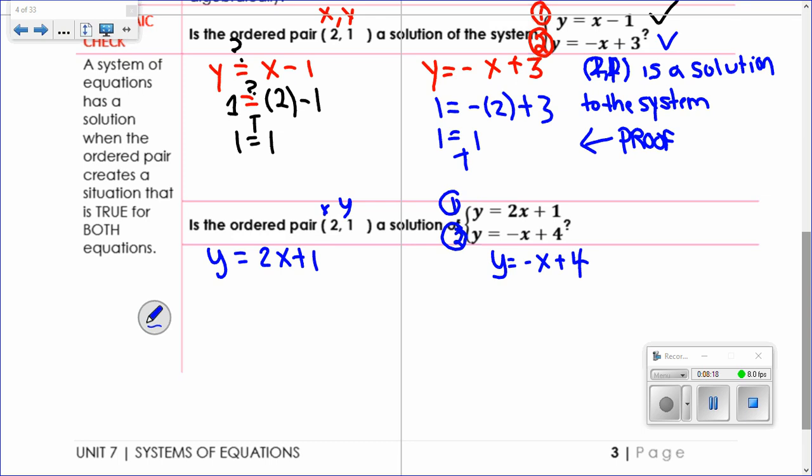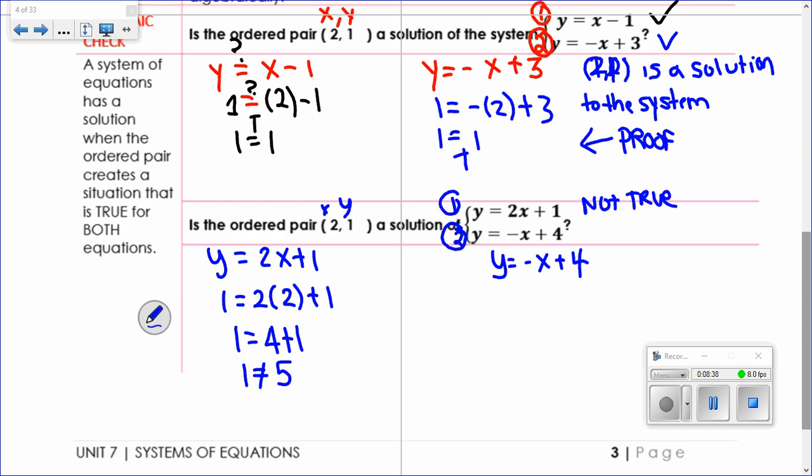We substitute in: 1 equals 2, parentheses 2, plus 1. Well, does 1 equal 4 plus 1? 1 does not equal 5. So for the first one, not true.